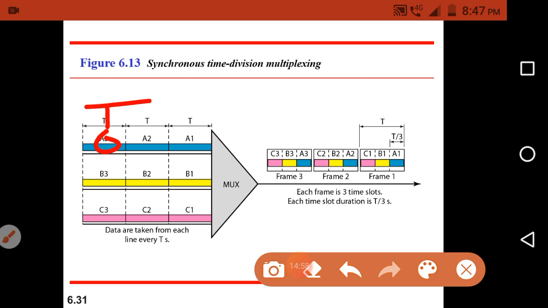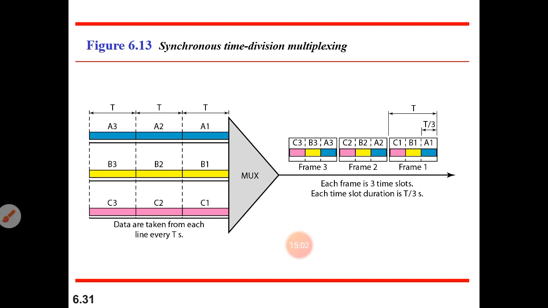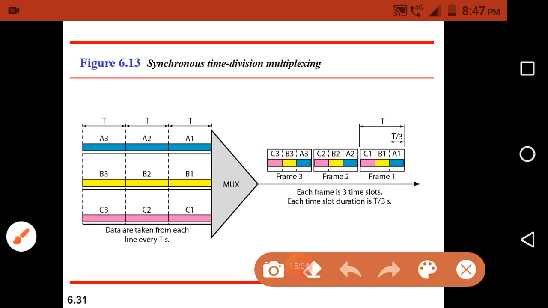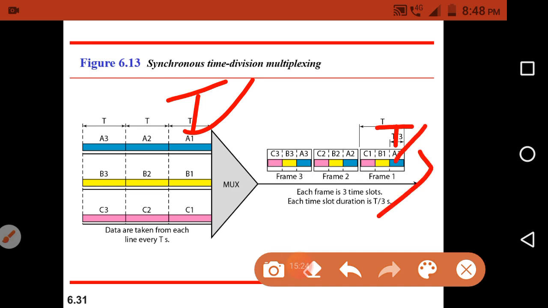Otherwise, you can take the data unit A1 from the first connection. What time do we allocate for A1 here? That is T. What time do we allocate at the output side for A1? That is T by 3.